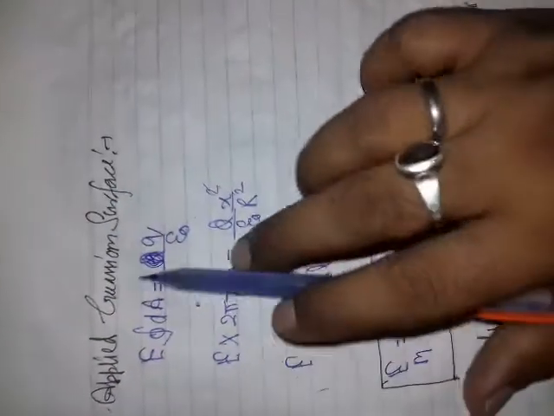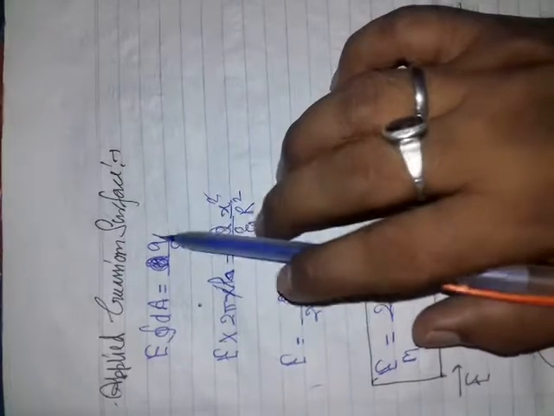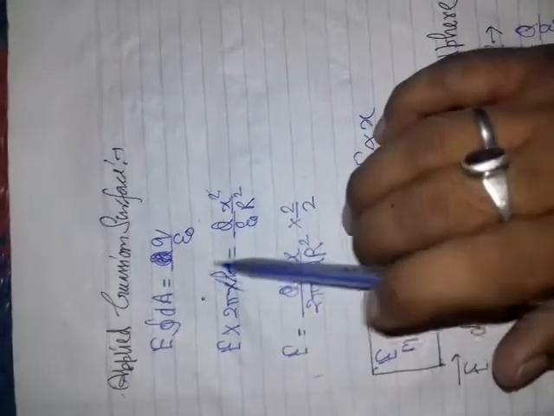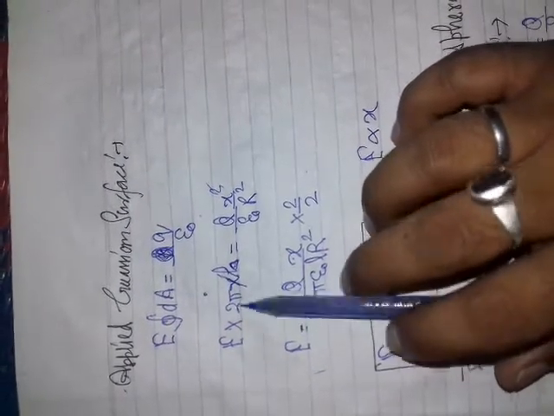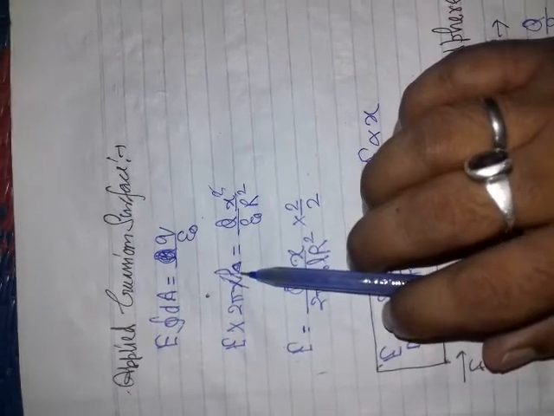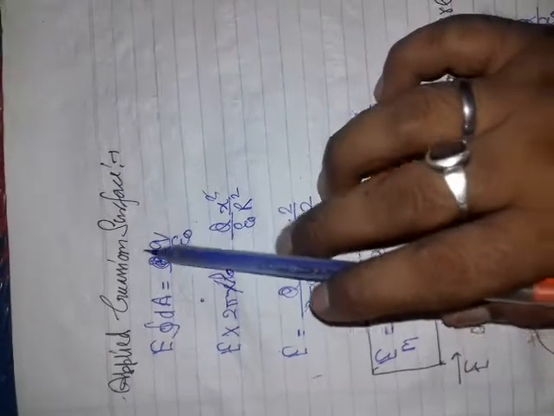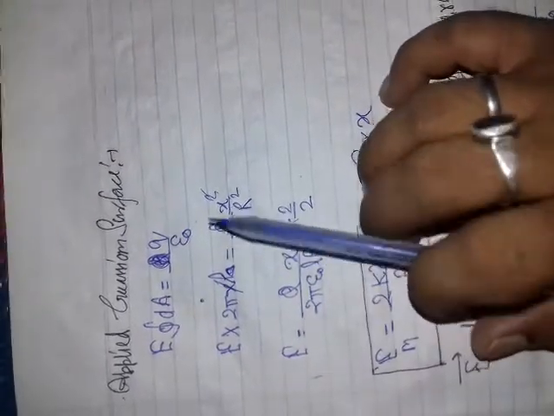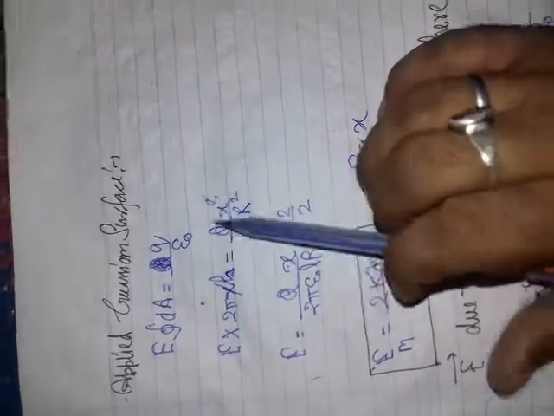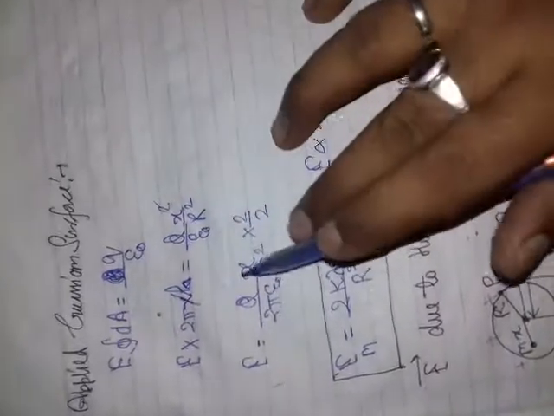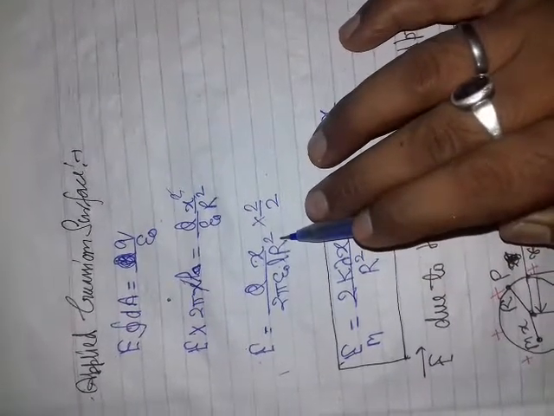Applying the Gaussian theorem for the point M, the electric field times the surface integral equals small q upon epsilon naught, where A is the surface area, 2π x L, and L is the length of the cylinder. Putting in the value of small q we derived, that is capital Q x square upon capital R square upon epsilon naught, and solving this equation we get the electric field as capital Q x upon 2π epsilon naught L R square.